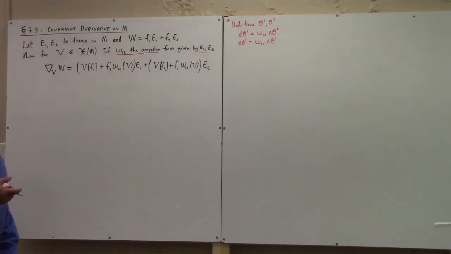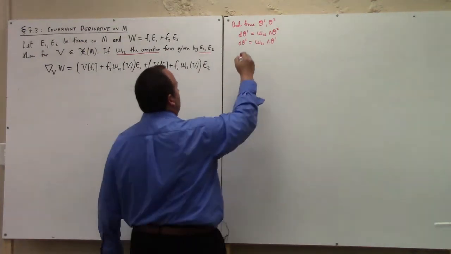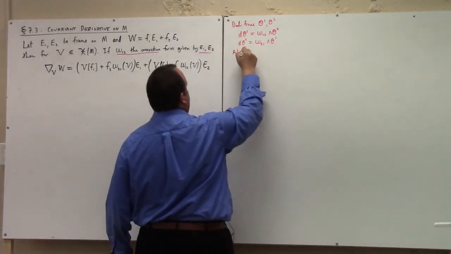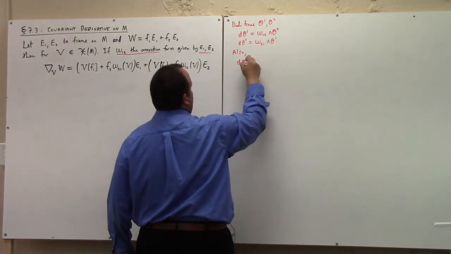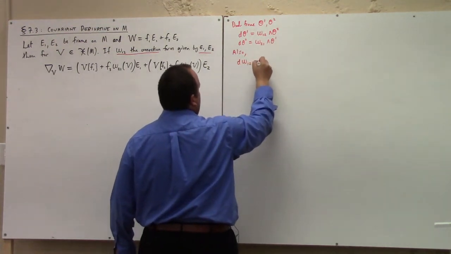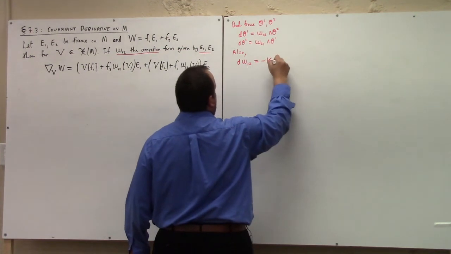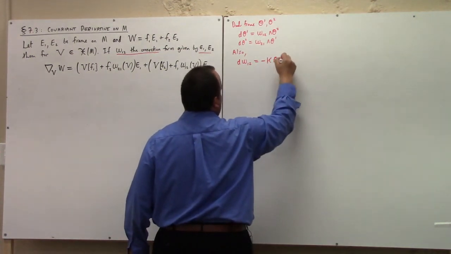We also had the definition of the Gaussian curvature. What was it? How'd it go? d omega 1 2 equal to minus K theta 1 wedge theta 2, I think? Yeah.